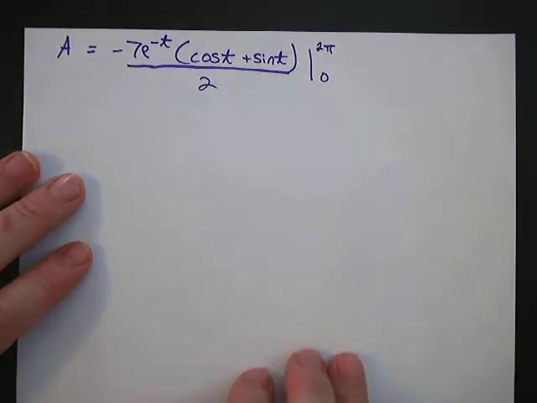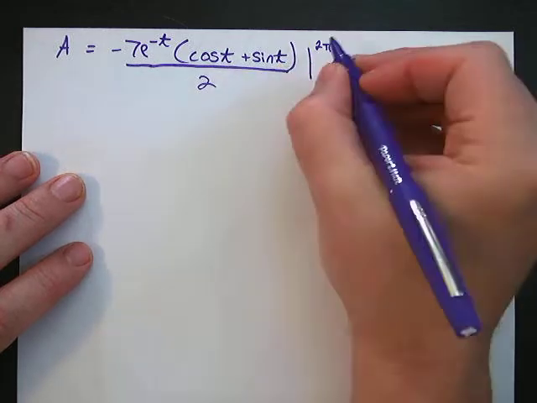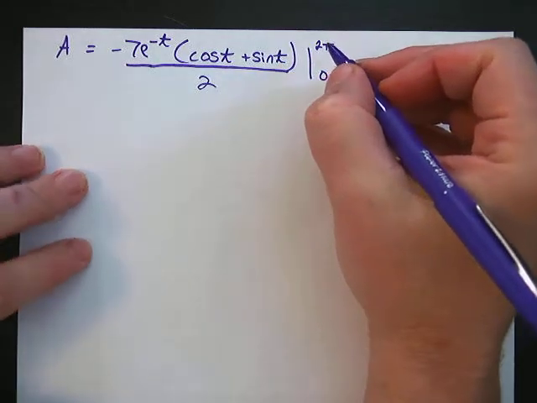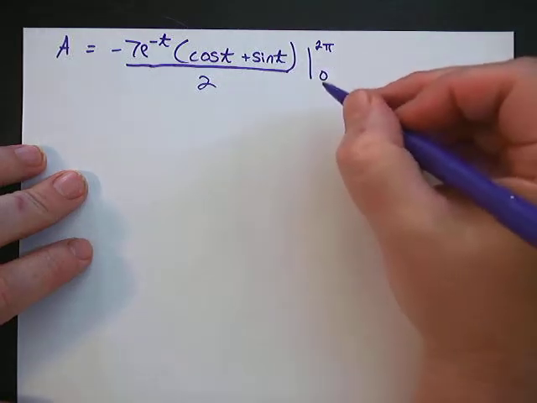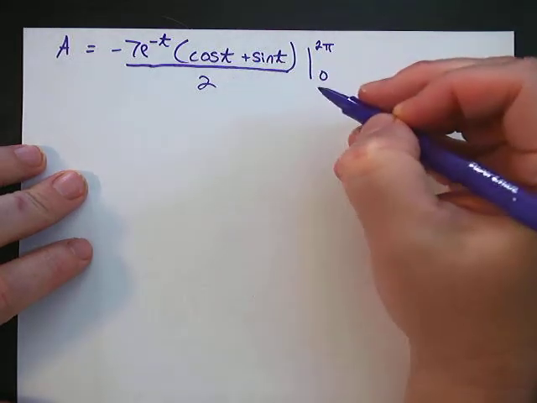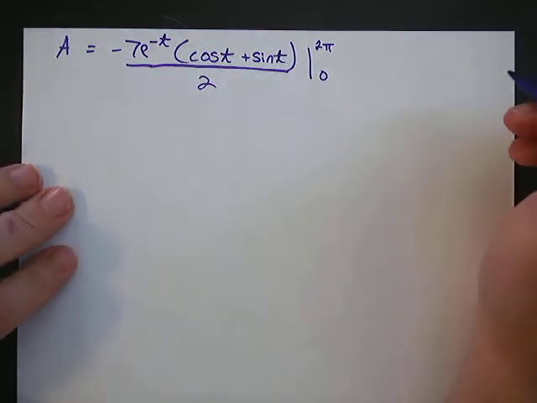Now we need to evaluate. So quick reminder, cosine when we put a 2 pi in there becomes 1. Sine when we put a 2 pi in there becomes 0, and it's the same with 0: cosine of 0 is 1, sine of 0 is 0. So that's what's going to happen when we plug in.